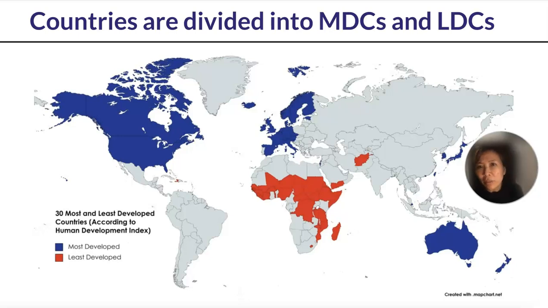So countries are typically divided into more developed countries and lower developed countries. Here, the blue lands are the more developed countries, and so you have the United States falling into that, but we also have, as you can recognize, Canada up here, right? And then the least developed countries, and this is according to the Human Development Index, would be many of these countries here that, for example, are in Africa, as well as some that are in Asia.